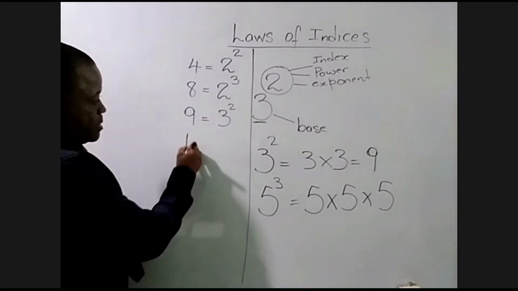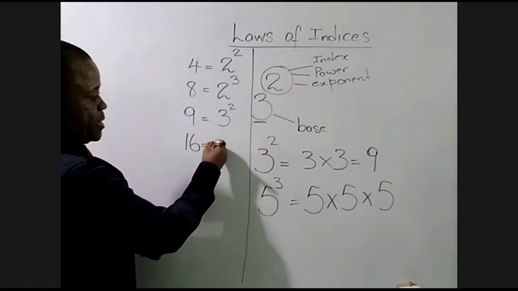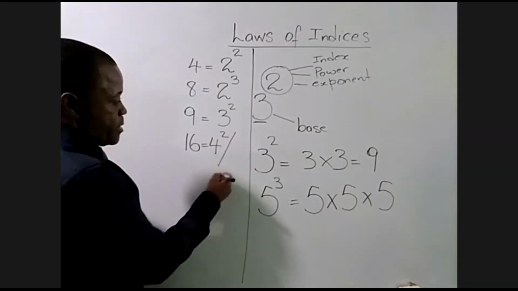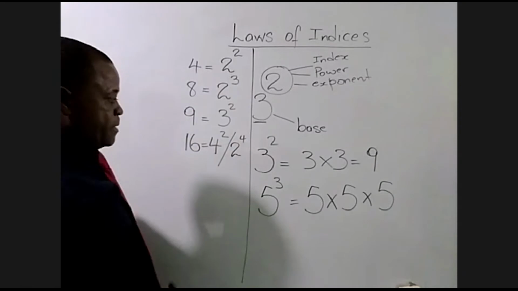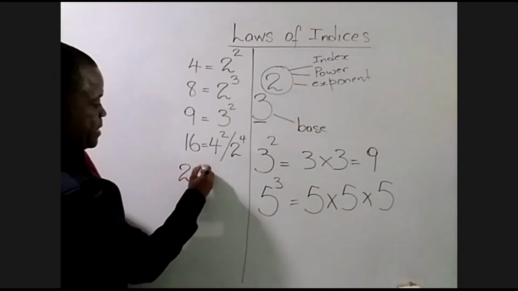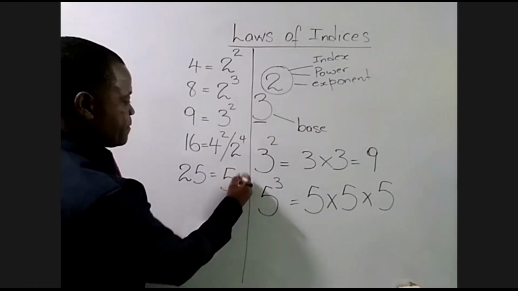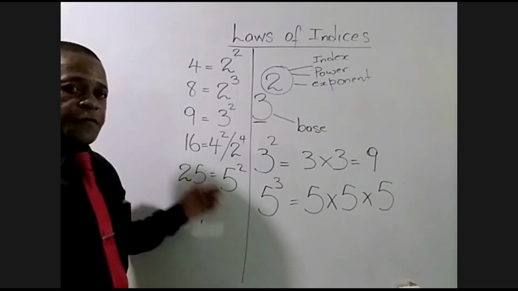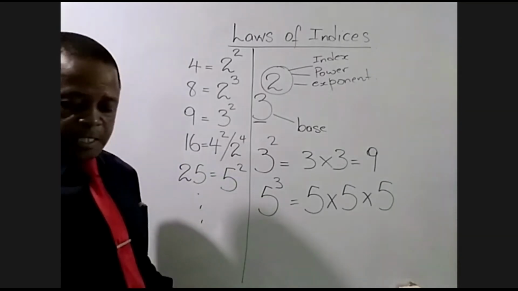What about 16? 16 could be 4 to the second power, or it could have been 2 to the fourth power. All depends, all right? What about 25? Then this now would have been 5 to the second power. So those are just a few of the numbers that we could actually write in their index form.